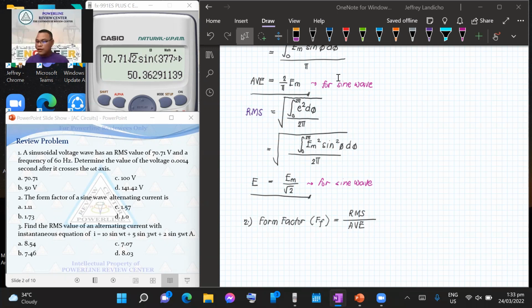okay, so medyo na-disconnect lang yung aking laptop. So form factor, that is only a conversion factor between RMS and average.